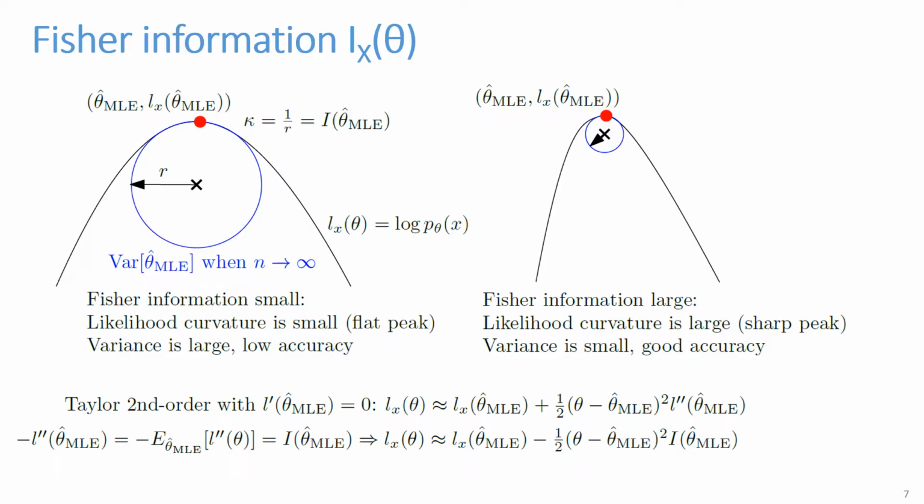On the left figure, we see that the Fisher information is small because the radius of the osculating circle is large. It is a flat peak and the variance of the MLE is large, meaning that we have low accuracy. On the contrary, on the right figure, the Fisher information is large because the osculating circle radius at the MLE is small. We have a sharp peak and the variance of the MLE is small, meaning that we have a good accuracy of the estimator.